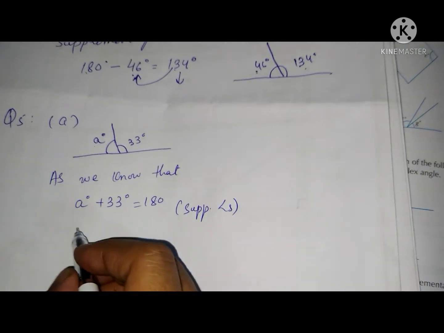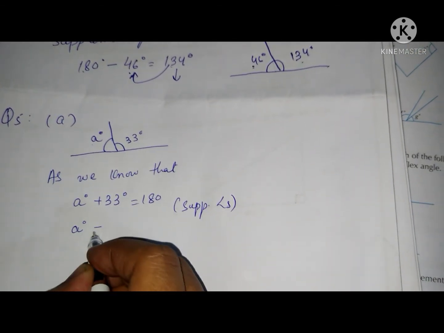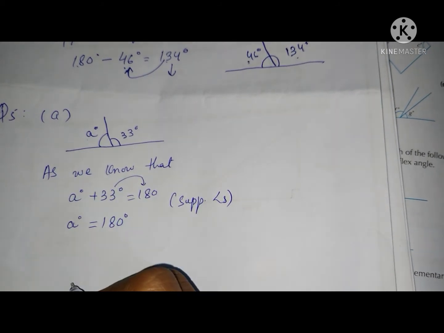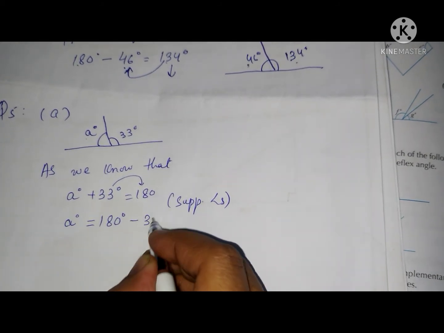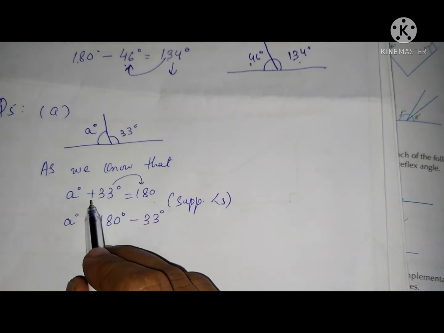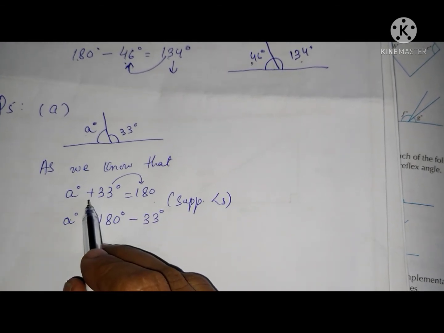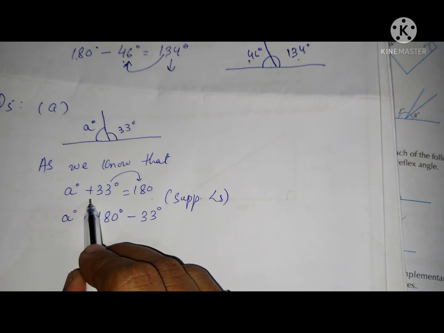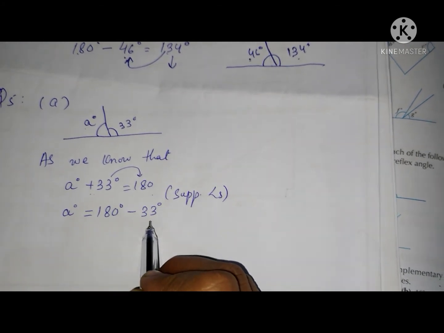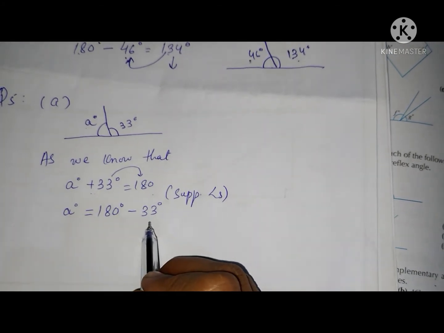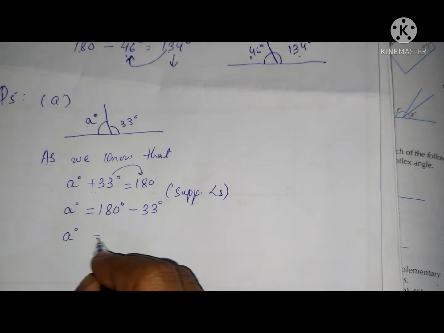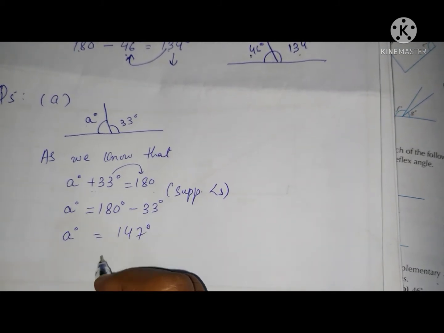Then this 33 degrees will be shifted to the other side to make it minus. Whenever we shift any number to the other side of the equation, it changes its sign. It had the positive sign previously, but when it has shifted to the other side of the equation, it has changed its sign. So the value of A will be 147 degrees.